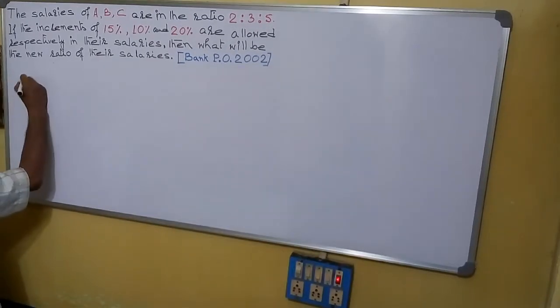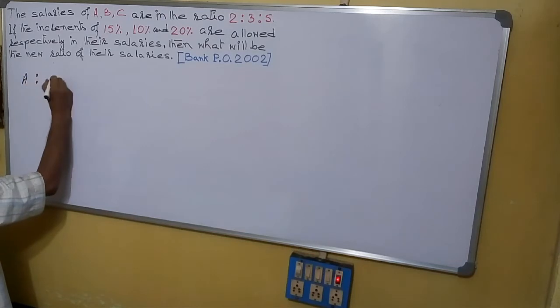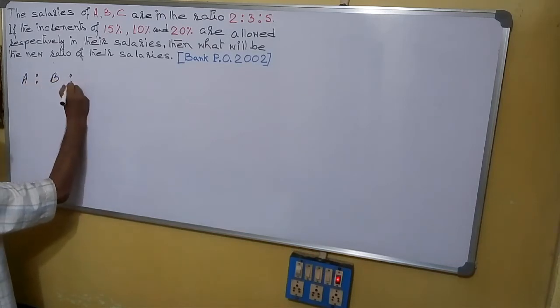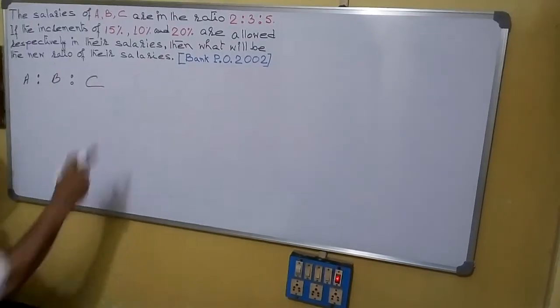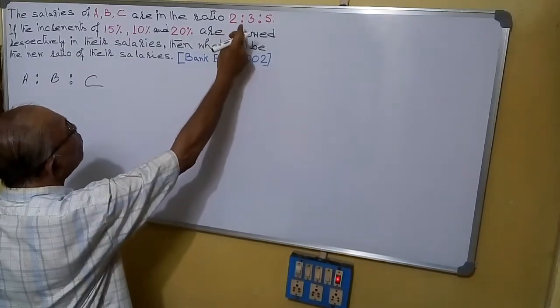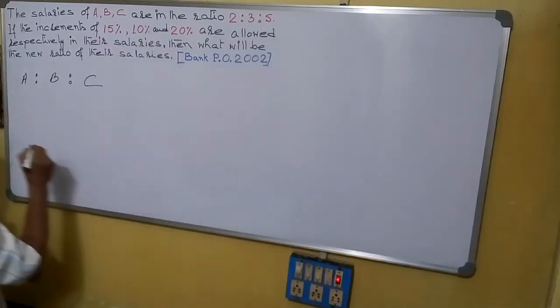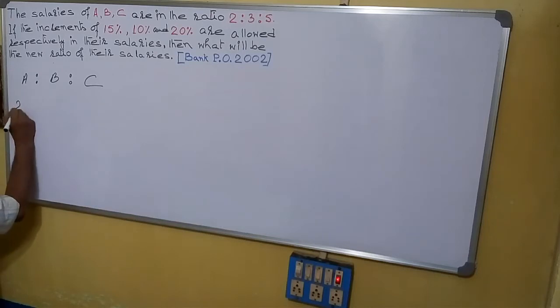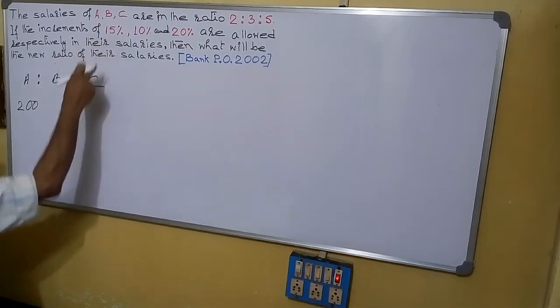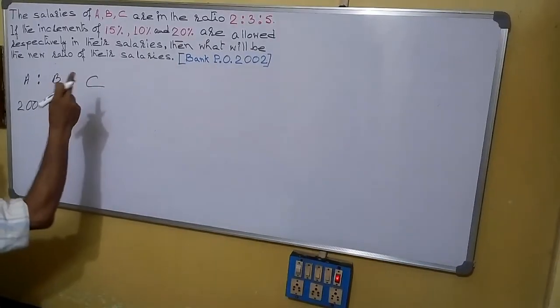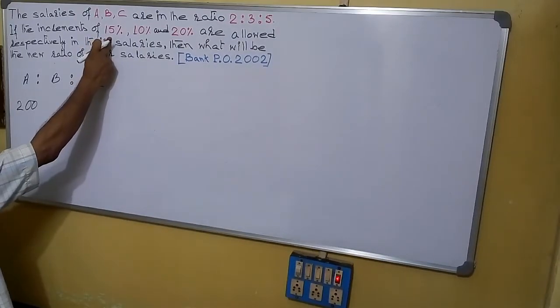I am directly writing the new ratios. Let us assume old was 200, 300, 500. So 200 it was there, but it increased by 15%. So for 100 rupees it is 15 rupees.